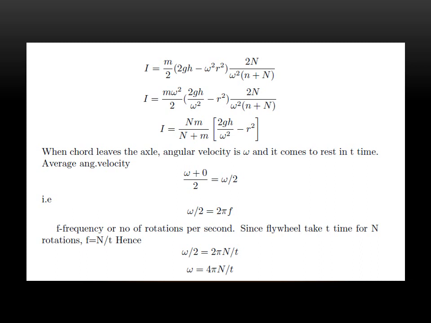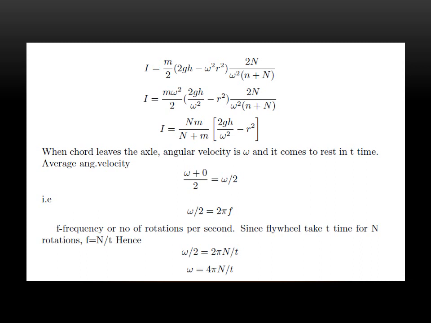So this omega by 2 is the average angular velocity, and angular velocity is given by 2 pi f, where f is the frequency of rotations, that is, the number of rotations made per unit time. So omega by 2 is equal to 2 pi f, where f is equal to N by t, N being the number of rotations made in time t.